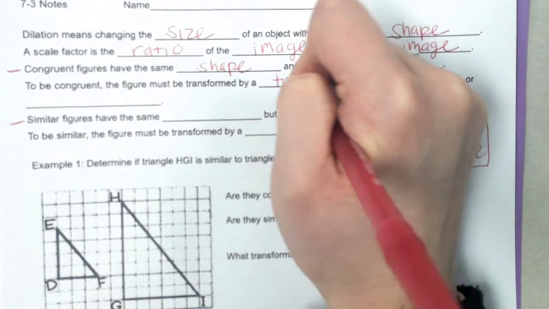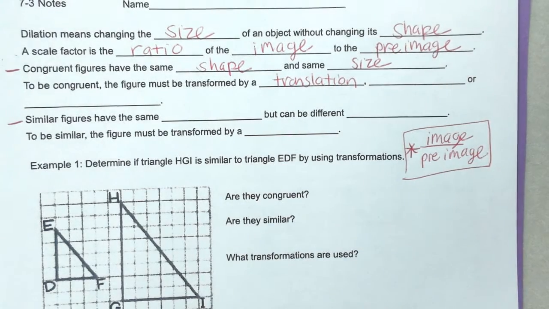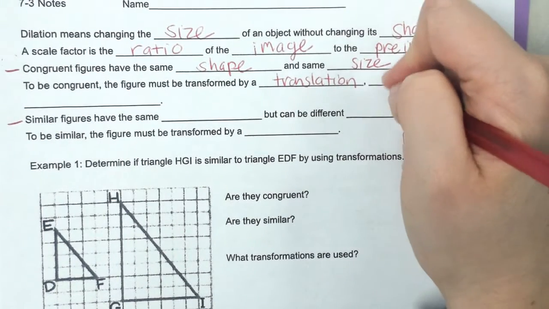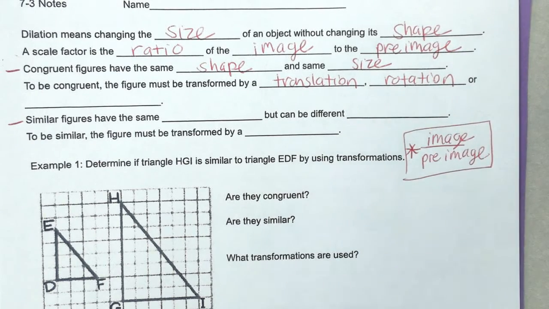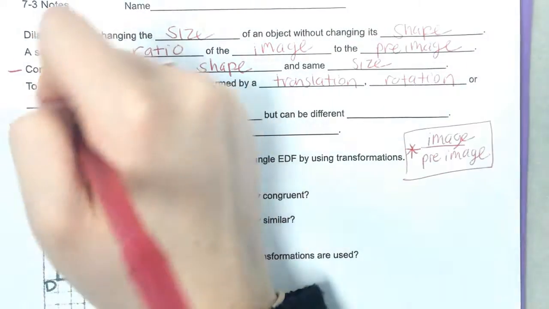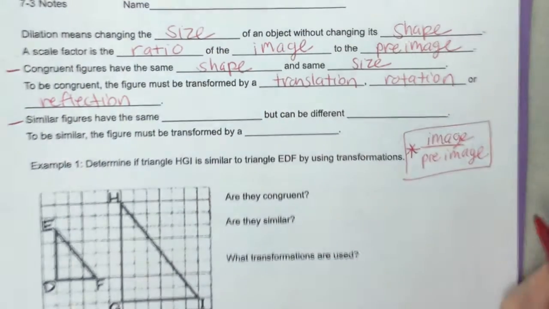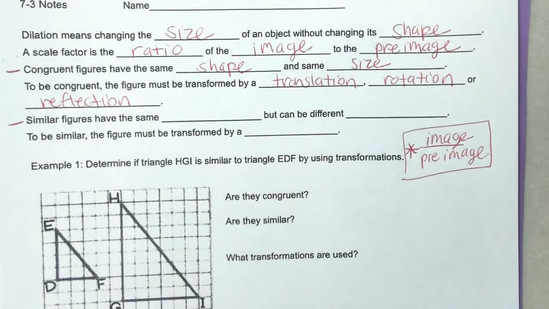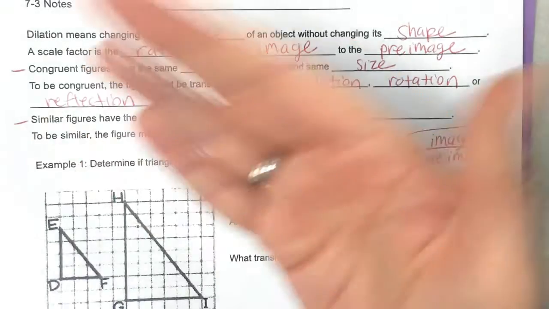Translation. Rotation. Reflection. Very good. So congruent, same shape, same size. That's translation, sliding, rotation, turning, reflection, flipping.